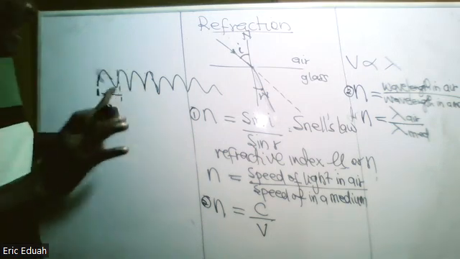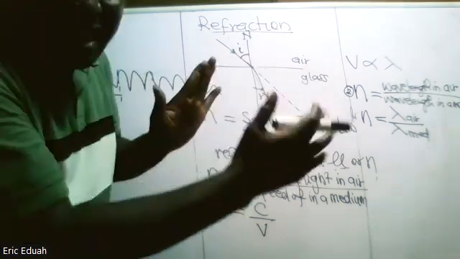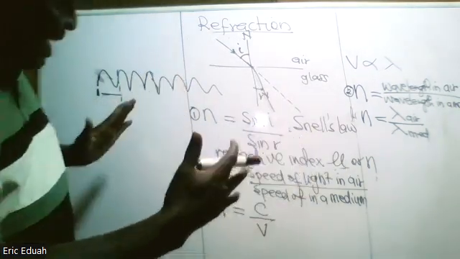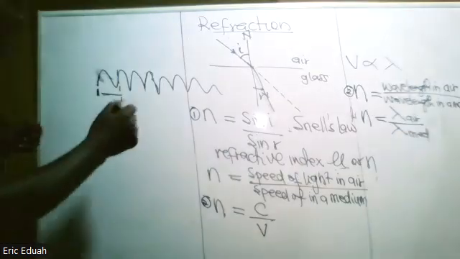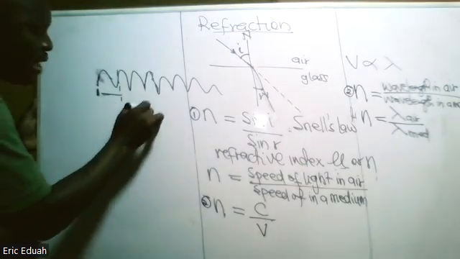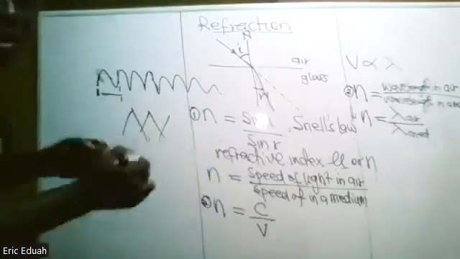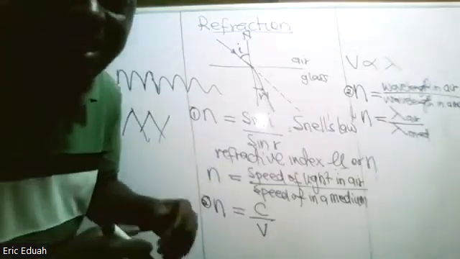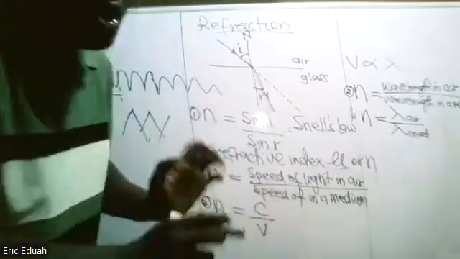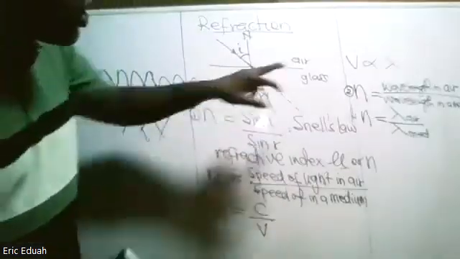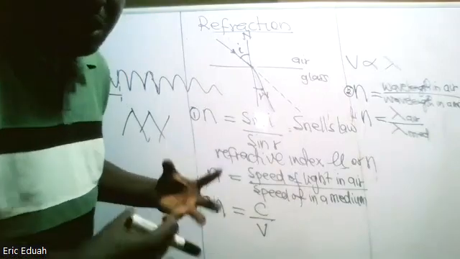The moment this wave hits a material that is denser, the distance between the pulses reduces. The moment this reduces, it means its speed has also changed because of the denser medium. So the two are related naturally.